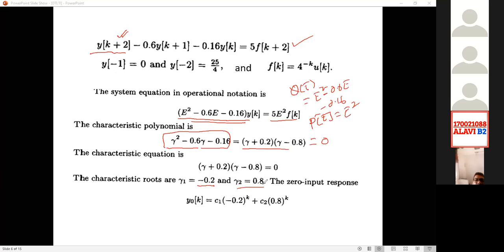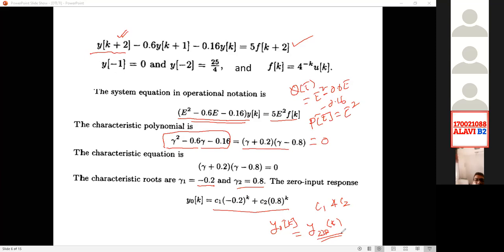If they are distinct, then this is the general solution for y0[k]. Two constants will be involved. The next step is what? We have to find C1 and C2. If we want to find y0[k] completely, then y0[k] would be equal to y zero-input, isn't it? Yes, sir.